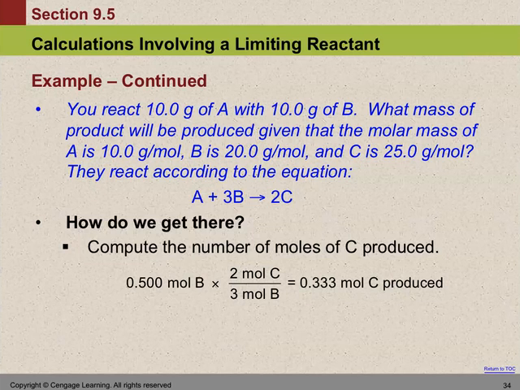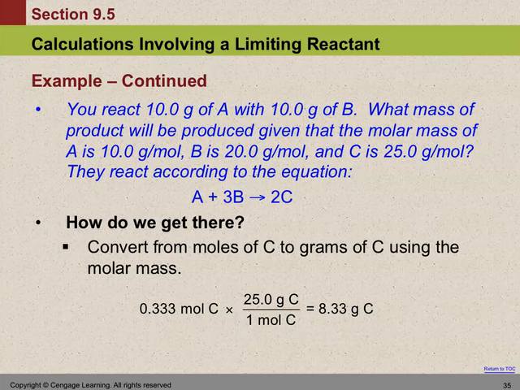We can then compute the number of moles of C produced based on the number of moles of B reacted. Looking at the ratio, 2 moles of C per 3 moles of B. So 0.333 moles of C is produced.